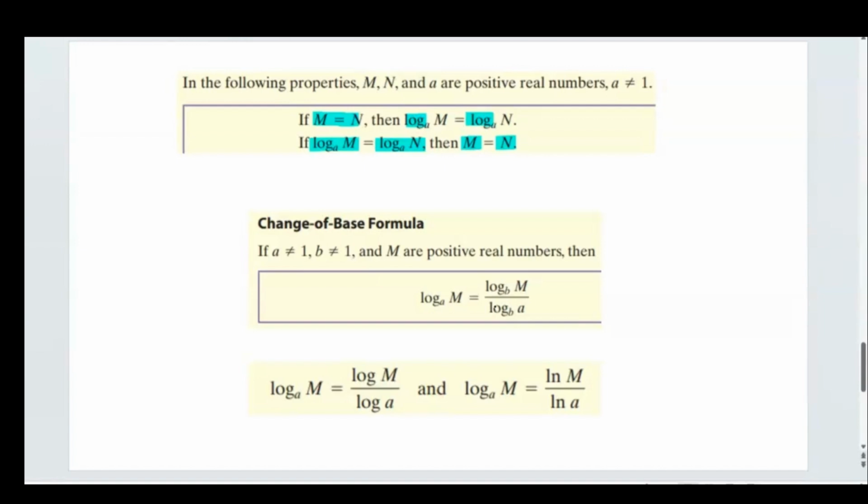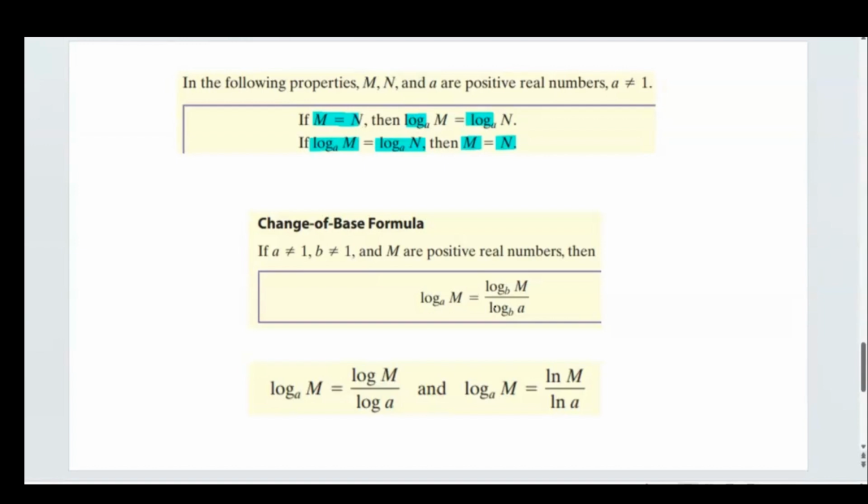Now, most of the calculators include the functions natural logarithm and common logarithm. So usually when we want to evaluate, using the change of base formula, a logarithm other than logarithm base 10 or logarithm base e, so other than common logarithm or natural logarithm, we usually convert that into a quotient of two common logarithms or two natural logarithms.